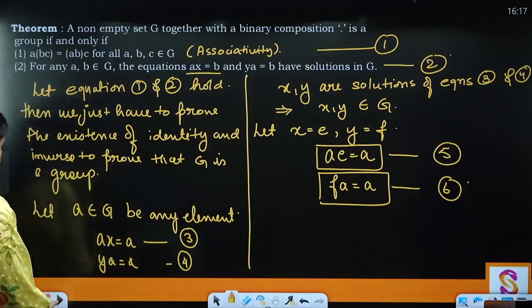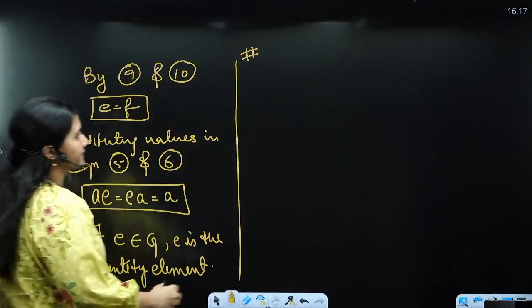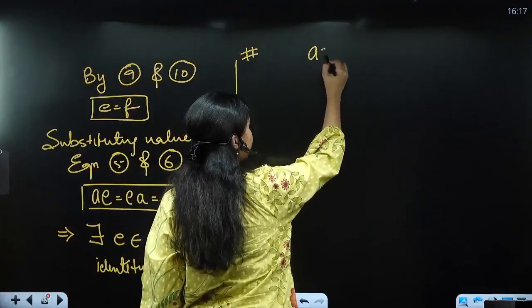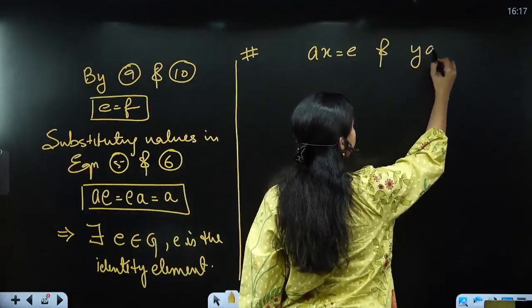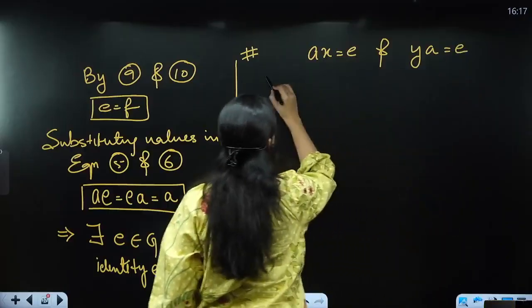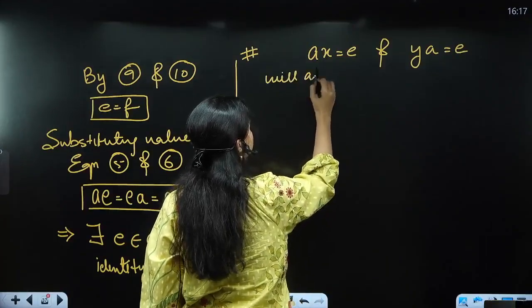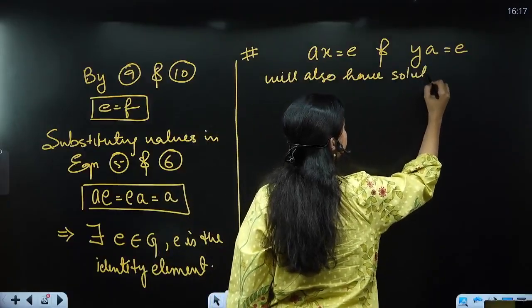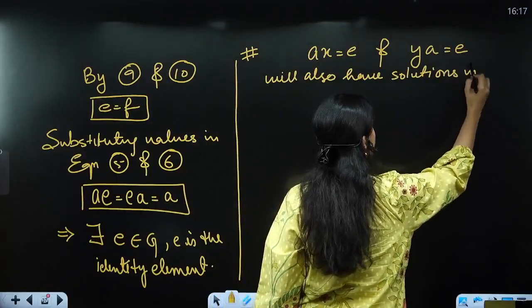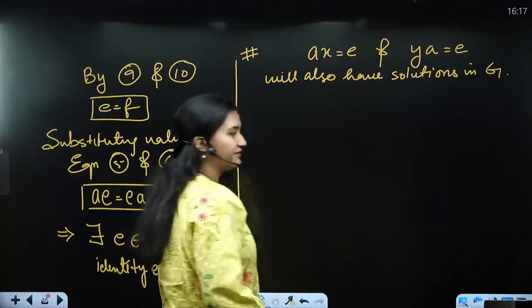Now this means, can I write that ax equals e and ya equals e will also have solutions in G, right? They will have solutions.